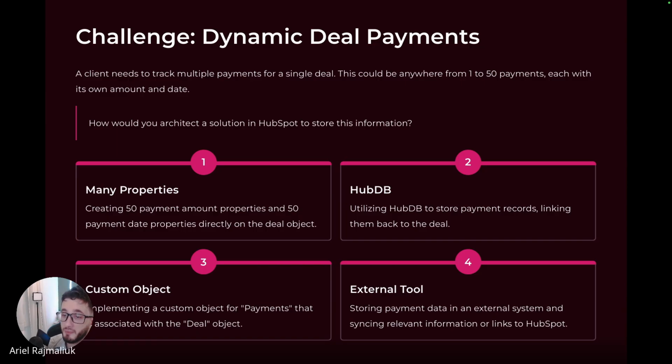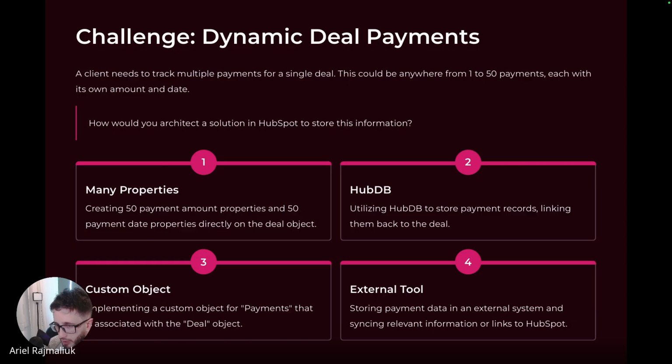Now, if they don't have HubDB, well, maybe you can use, let's say, a custom object. In that case, what I will try to do is divide each payment into a custom object. So that's why I'm saying it depends. You can also get creative and say, okay, this deal has 25 different payments, and then you make a workflow that creates 25 related custom objects.